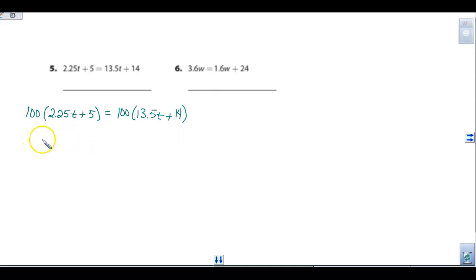Distribute. So I get 225 T plus 500 equals 1,350 T plus 1,400.